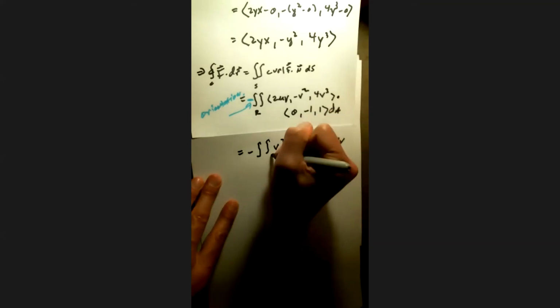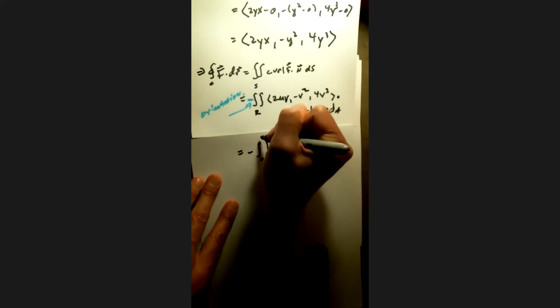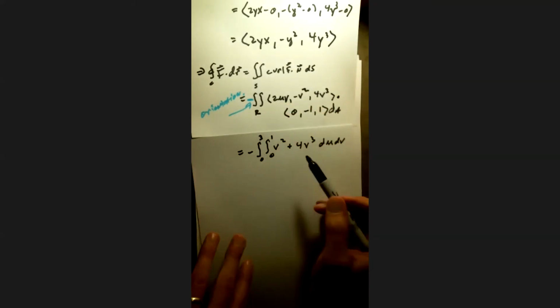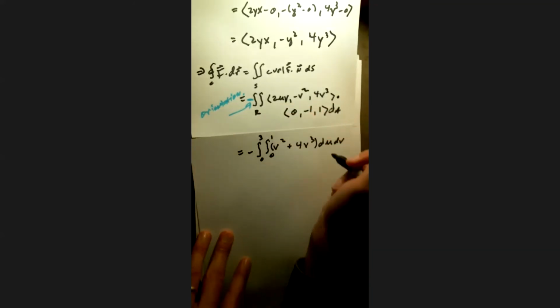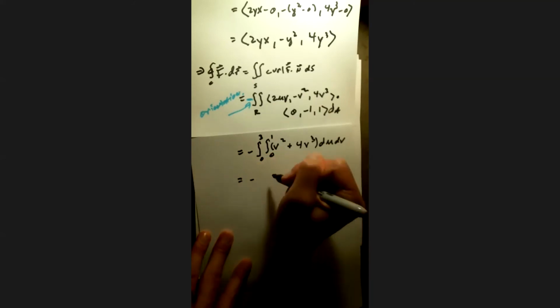The u's are going from 0 to 1. The v's are going from 0 to 3. There's no u's anywhere in sight, so that's kind of convenient.